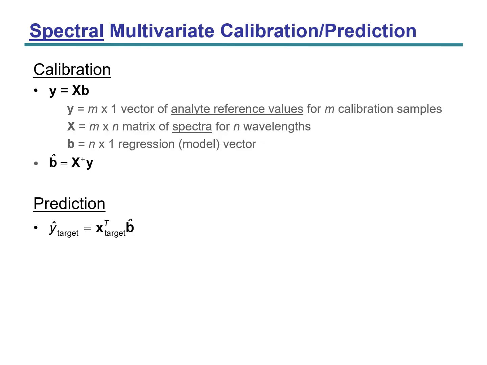And for us, we usually use spectra like near IR spectra, NMR spectra, fluorescence spectra. And so we have our collection of spectra recorded on each of these samples with known reference values. We get some kind of regression model, and with this regression model, we can then take the inner product with a spectrum of a new target sample, and we get the estimated analyte.